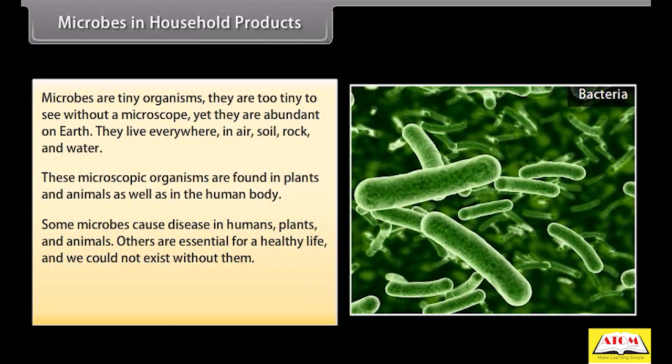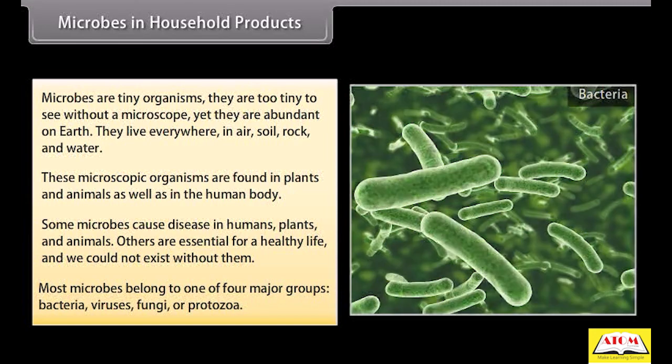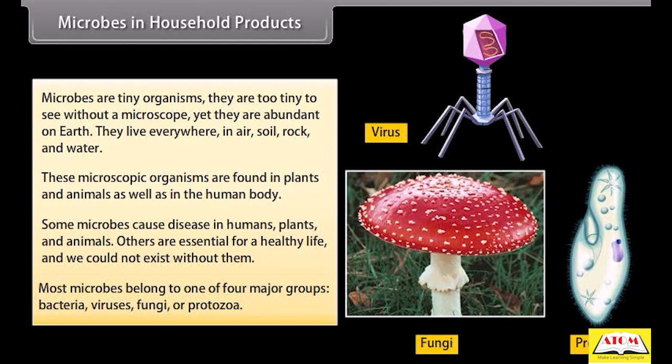Some microbes cause diseases in humans, plants and animals. Others are essential for a healthy life and we could not exist without them. Most microbes belong to one of four major groups: bacteria, viruses, fungi or protozoa.